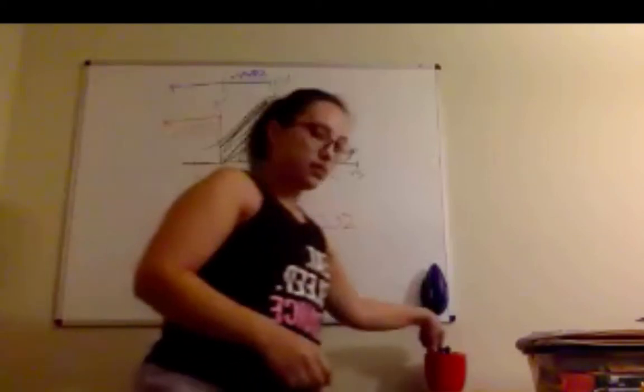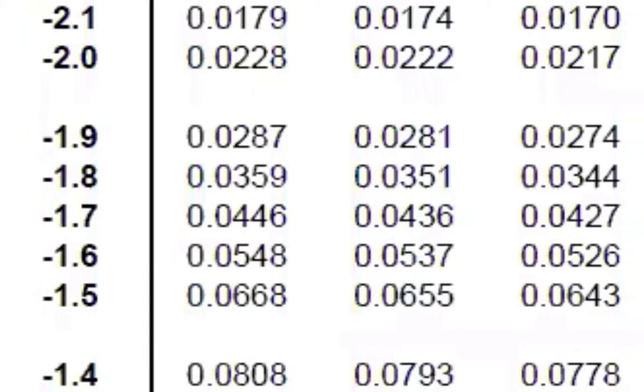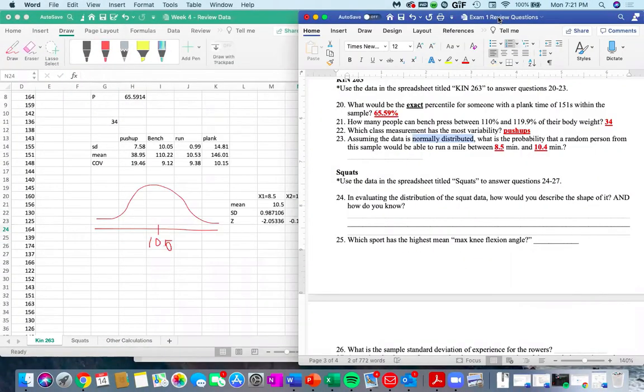Okay. So that should give us what? I don't know if somebody calculated it or not. I can do it too. 0.4483 minus 0.0202 gives us 0.4281.